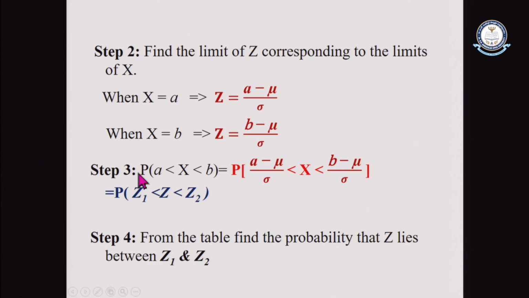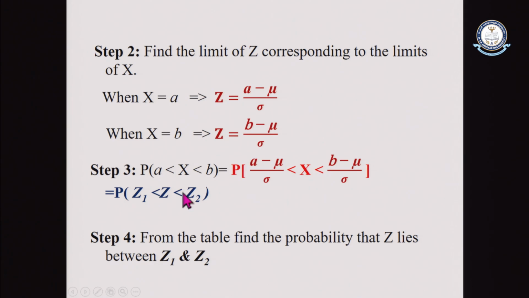My step number 3 is the probability of a less than x less than b. For that, we need to find the probability, that is, the probability of a minus mu by sigma less than z less than b minus mu by sigma. When our data is transformed into a standard normal variate, let us assume the first value is z1 and the second value is z2. My z value always lies between z1 and z2.